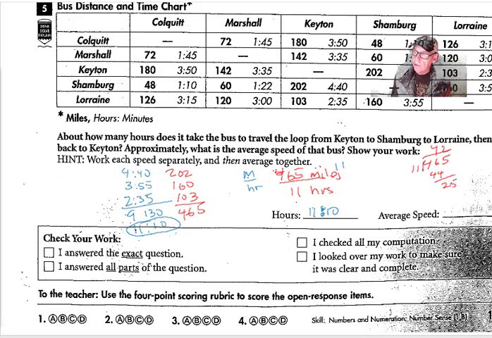That's going to be 2. It's going to be 42 and 3/11. So just a little bit more than 42 miles per hour. So the average speed is about 42, maybe 43 miles per hour, and the number of hours it takes is about 11 hours and 10 minutes.